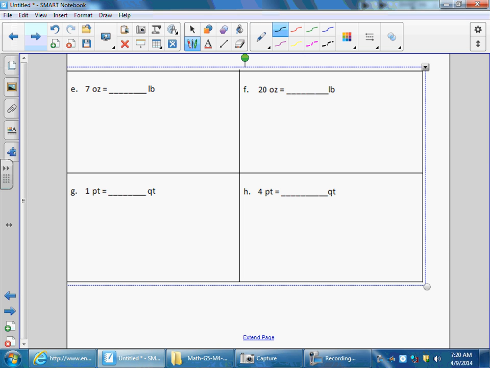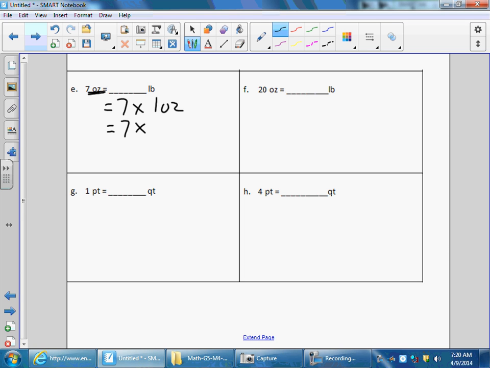We have 7 ounces and we're converting to pounds. So I have 7 times 1 ounce. That gives me my 7 ounces. I then take 7 times and I convert my 1 ounce to pounds. There are 16 ounces in 1 pound.